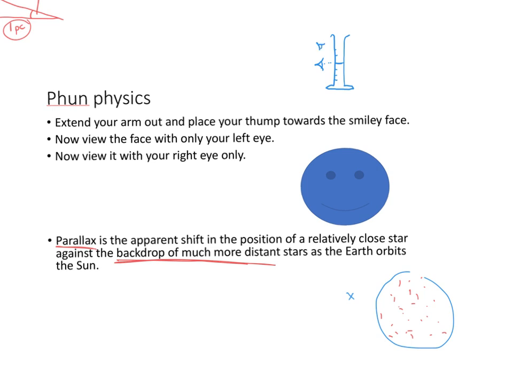Otherwise, if you look from different angles, that's your eye looking in different directions, it could give you a different reading because of that parallax, the apparent shift in the position of what you're reading. This is what we mean by parallax error as well. But here this will be applying to calculations in terms of distance.